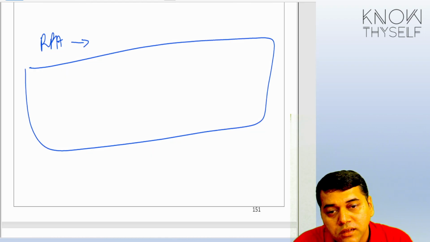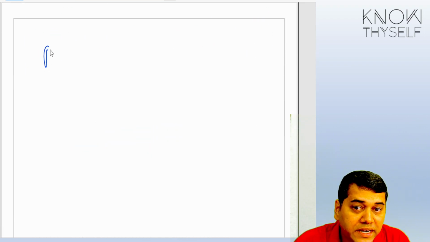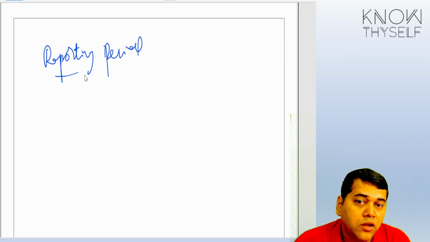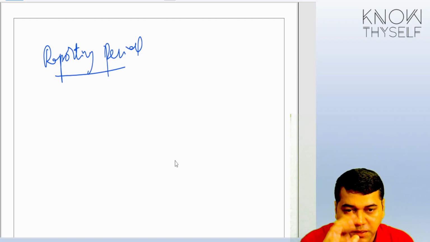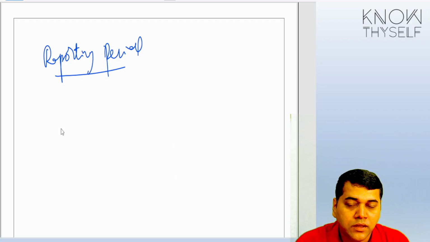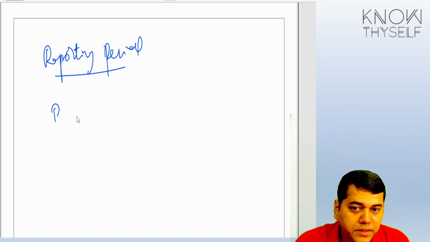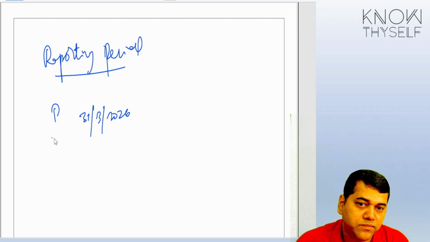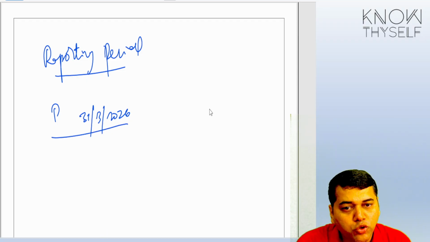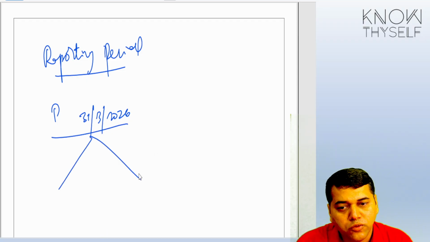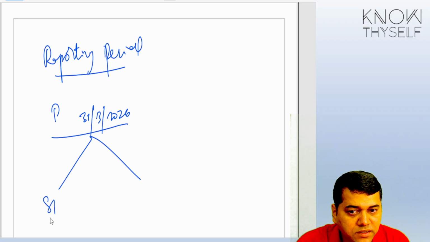That's something like, we will discuss it later. See, it is called a reporting period adjustment. What is this reporting period adjustment? See, reporting period adjustments are like this. Now, I am the parent limited. I am going to prepare the balance sheet on 31st March 2026. Now, I may have two subsidiaries. One of the subsidiaries is an Indian subsidiary.